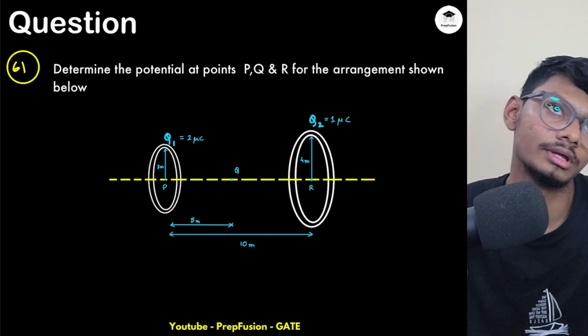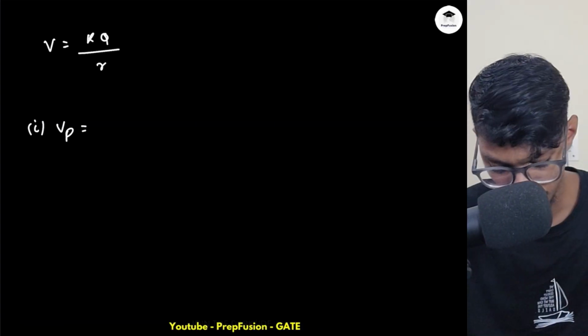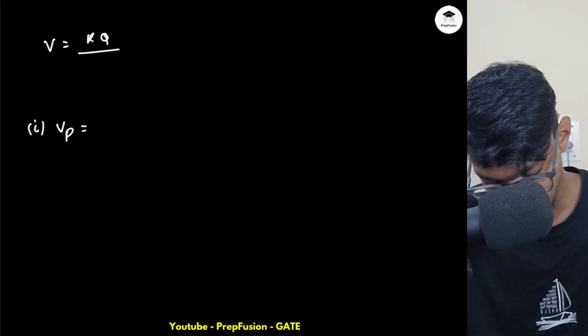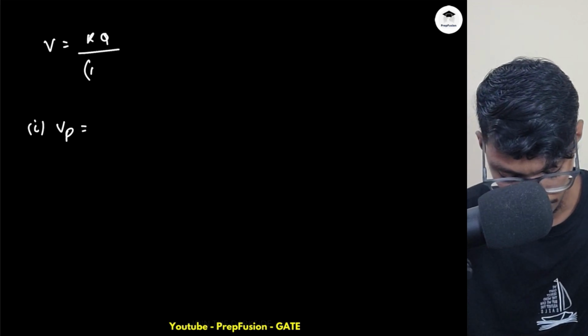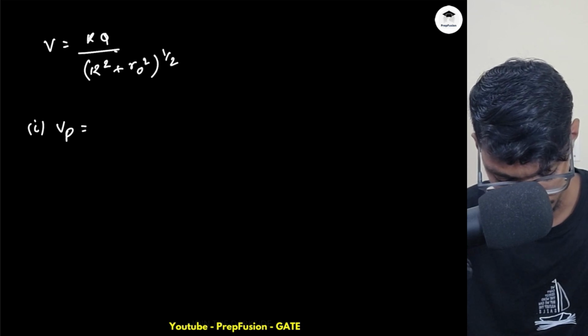Sorry, not R perpendicular, this will be R only, which is equal to the ring radius plus the perpendicular distance from the axis of the ring.